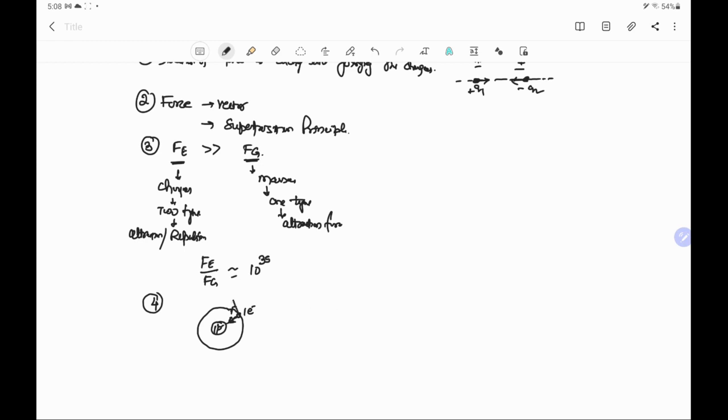The electron is moving tangentially with velocity v, and the radius is r. For circular motion, the electrical force acts as the centripetal force mv square by r. The electrical force between electron and proton is 1 by 4 pi epsilon naught e into e by r square, which is equal to mv square by r. This is the electrical force and this is the centripetal force. This is one equation.